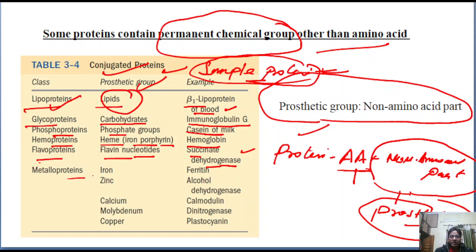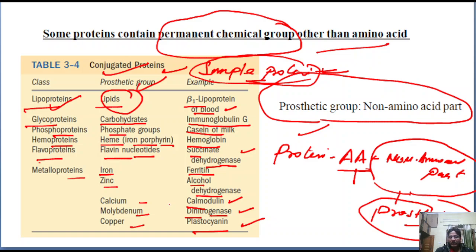Some proteins contain specific metals: iron, which is present in ferritin; zinc, present in alcohol dehydrogenase; calcium, present in calmodulin; molybdenum, present in dinitrogenase enzyme; and copper, present in plastocyanin. So you can see that some proteins contain a permanent chemical group, and these proteins are named conjugated proteins.